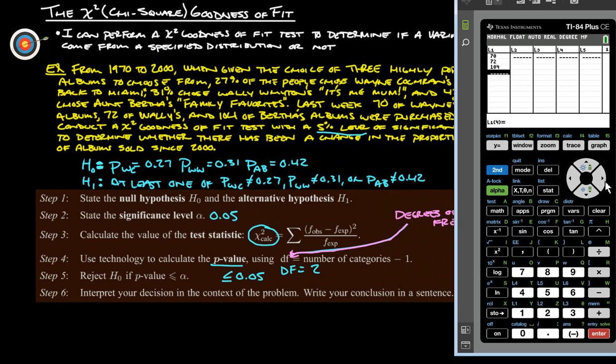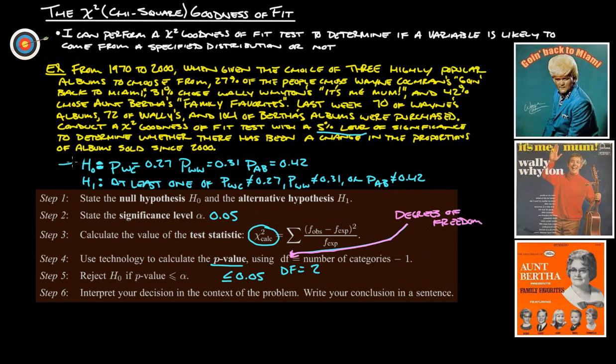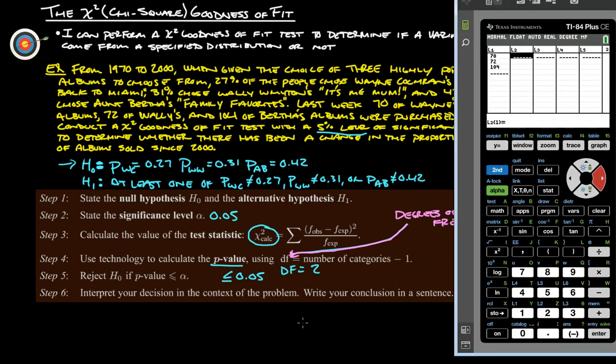Now this next one is if it's all going to fit this H0, meaning that 27% of them were Wayne, 31% were Wally, and 42% were Bertha. Then we have to calculate what each of these should be. This is what we call the expected.